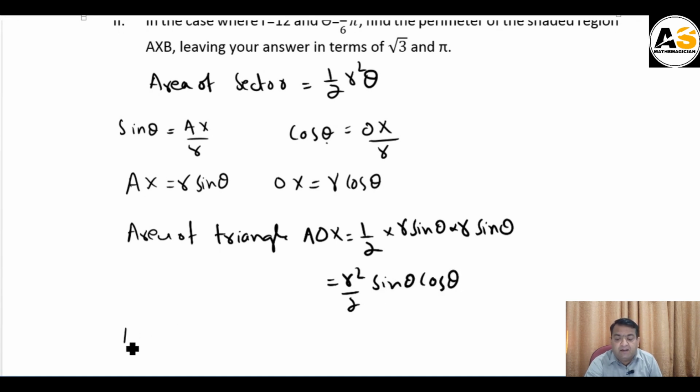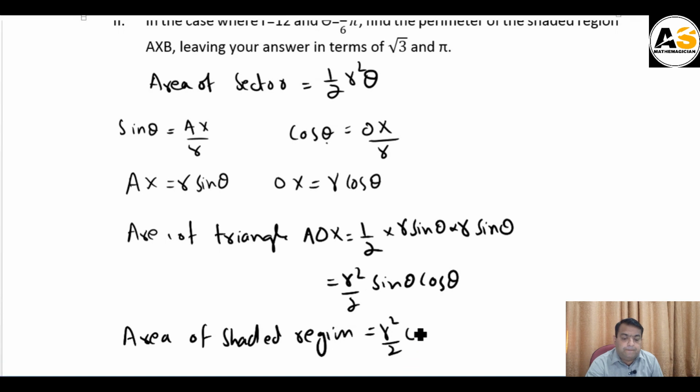And from here I will calculate the area of the shaded region, which is equal to area of sector minus area of triangle.